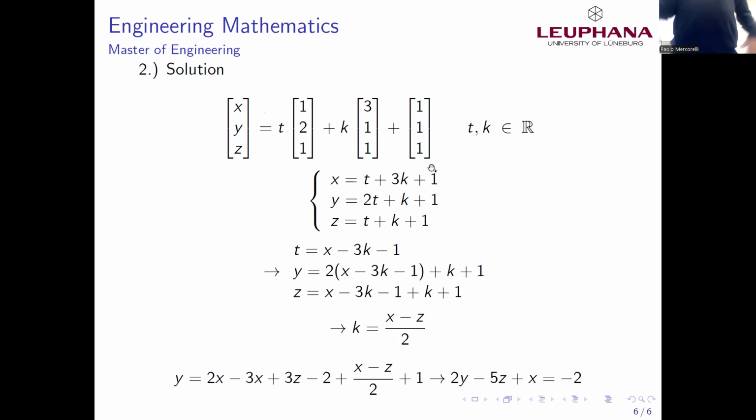But this means if the left equals the right, I have to set equal all components of the left and of the right. This means x equals t plus 3k plus 1, y equals 2t plus k plus 1, and z equals t plus k plus 1.